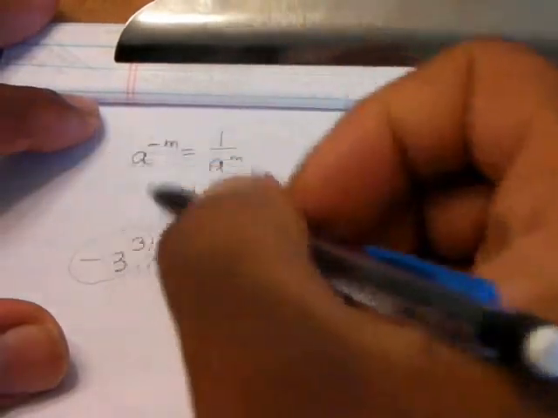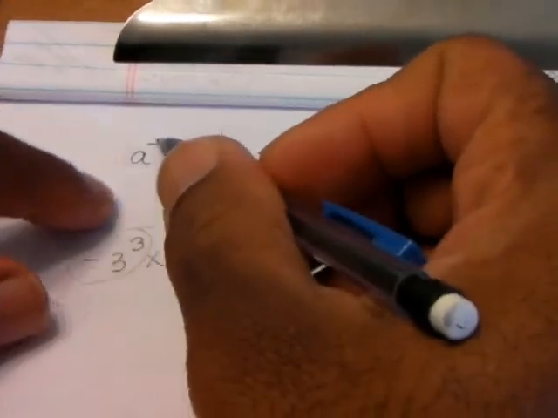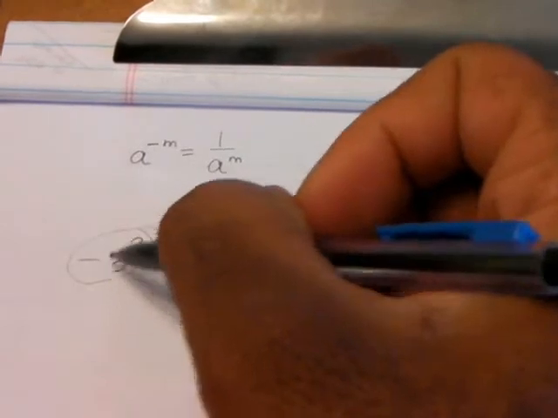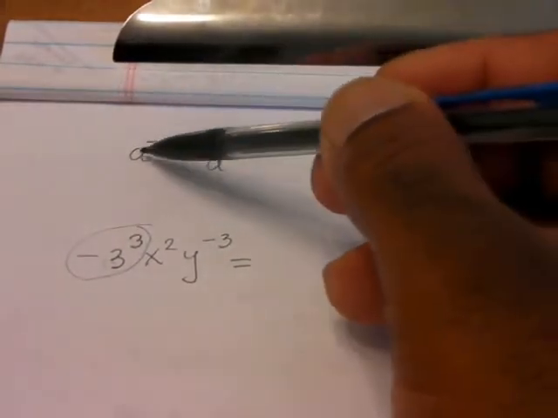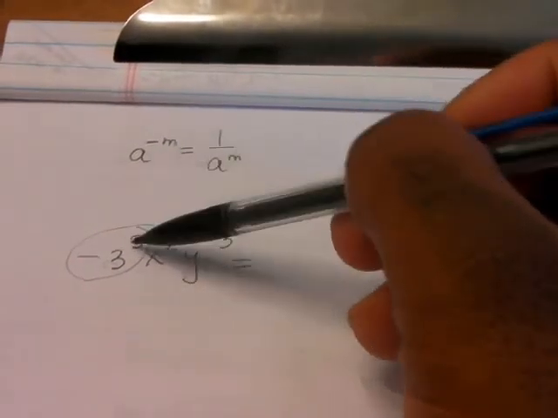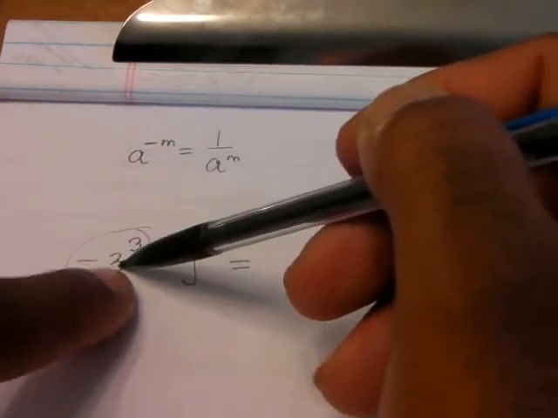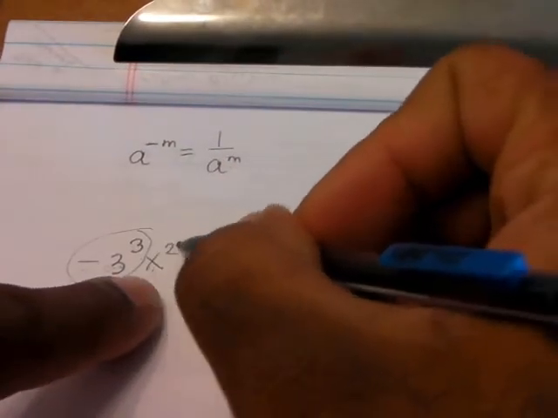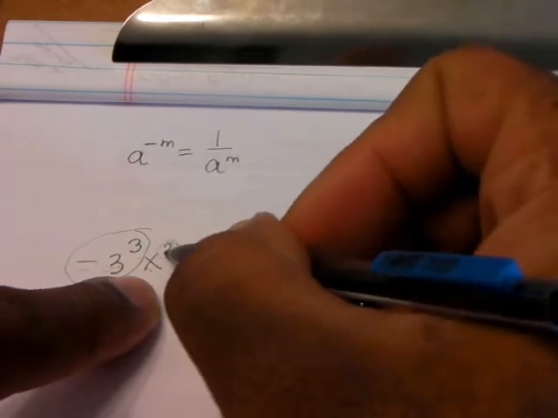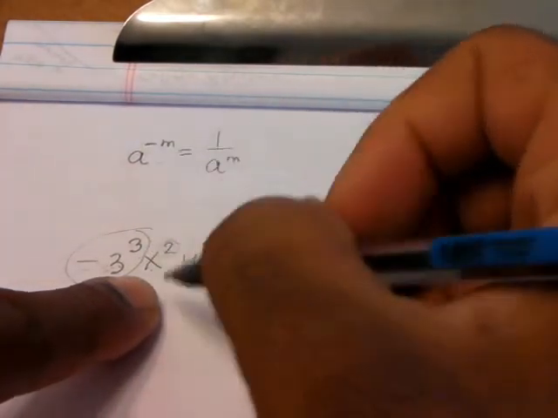So we can see here that this and this don't look the same. In this case we don't apply it, so we leave this alone, because the exponent is not negative, and it doesn't apply to the formula.